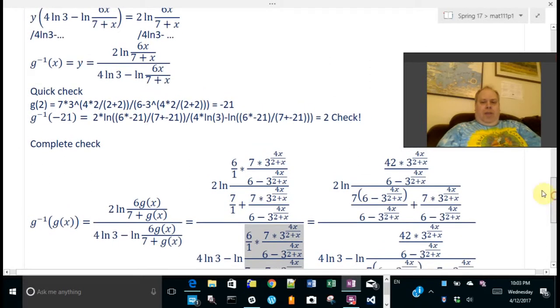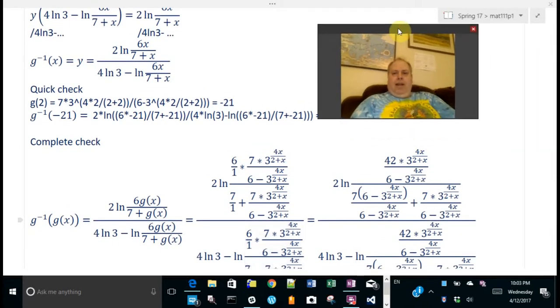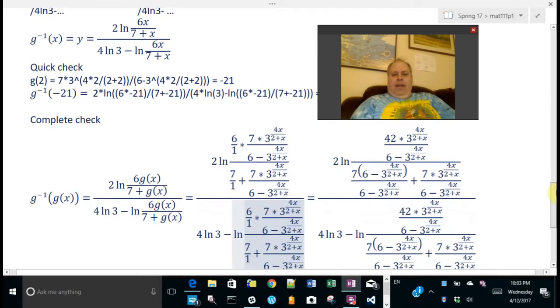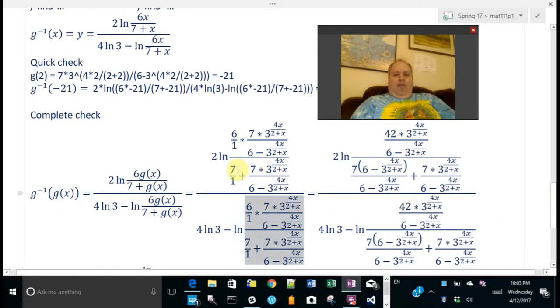So 7 over 1 becomes 7 times 6 minus 3 to the 4x over 2 plus x, over 6 minus 3 to the 4x over 2 plus x.